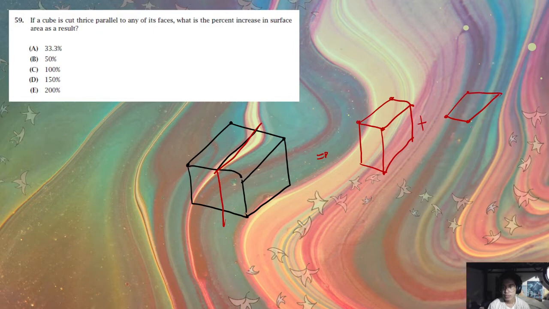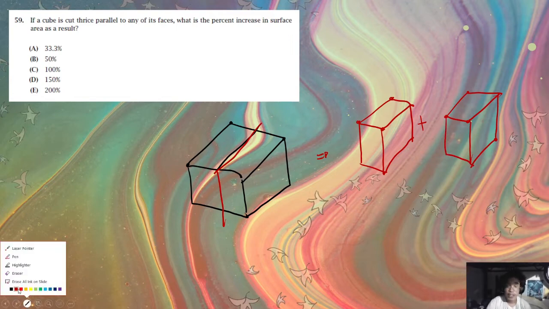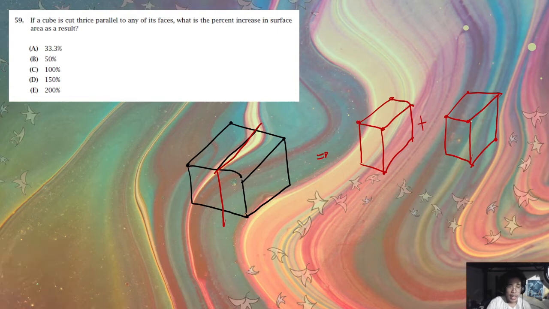Now for the second cut, in order to create the three additional cubes that we desire, we have to cut it again, this time at the center. Now we will form the three additional cubes, resulting in four cubes.